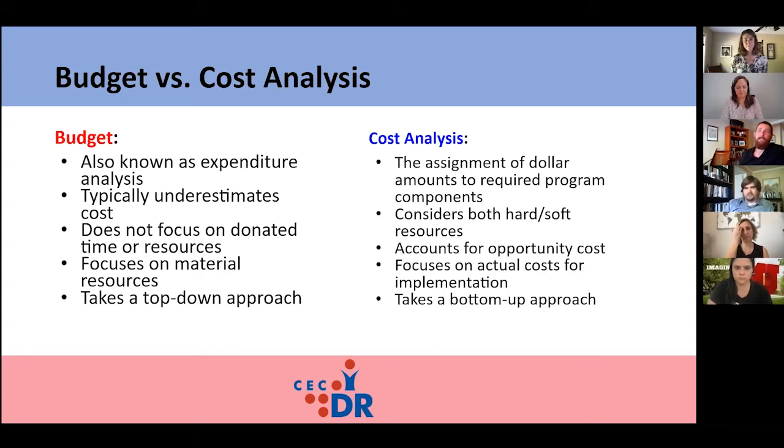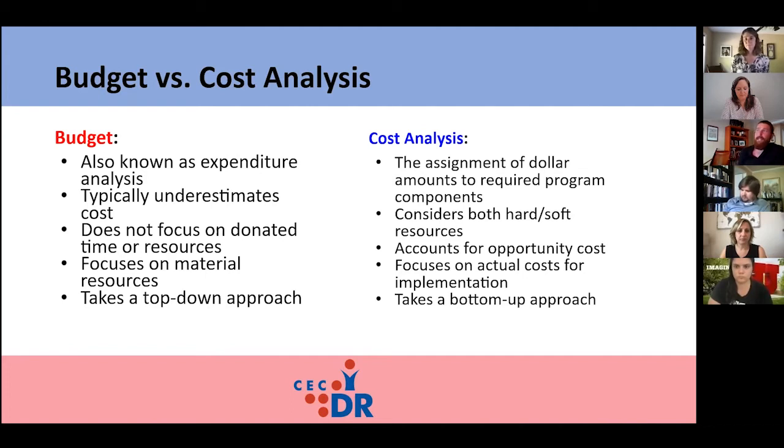That's because it doesn't focus on donated time or resources for a given project or intervention or whatever it may be. Instead, it focuses on material resources, and it takes a top-down approach. So it's like, what's the dollar amount we need for this to happen? It's not so much all of the opportunity costs and person time that goes into these things.